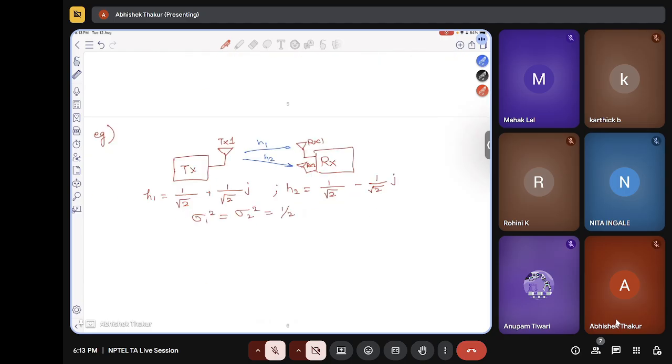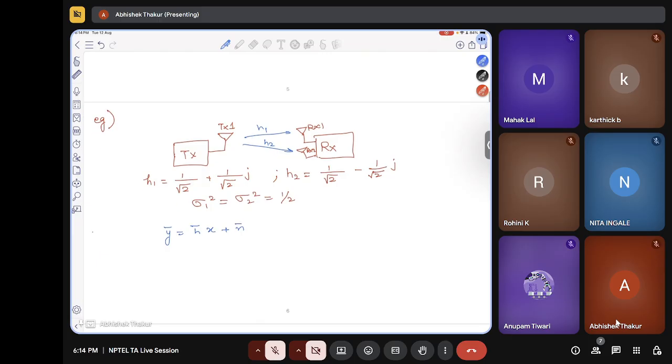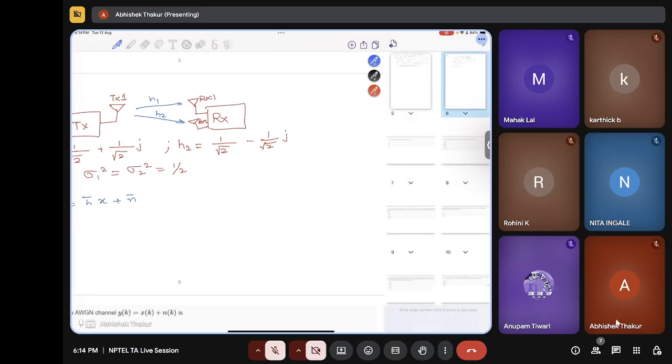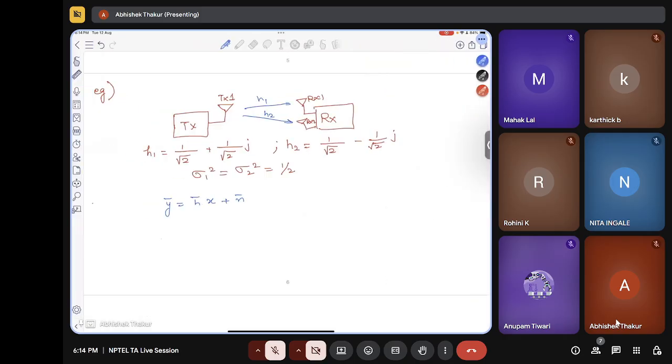So we have to find the SNR. In this case, what is the received vector, as we have studied in the beginning today? H bar x plus n bar. So we can write it as y1, y2.